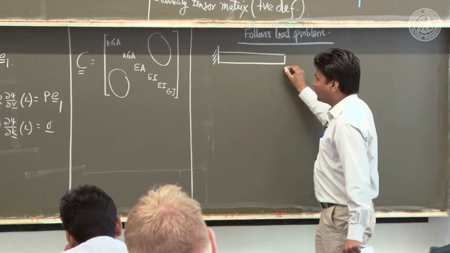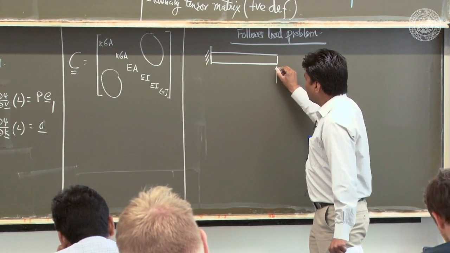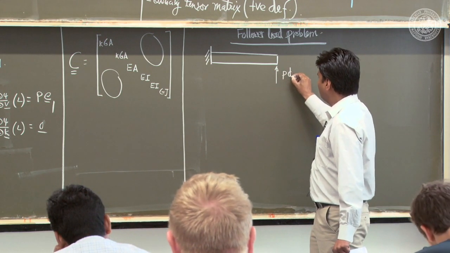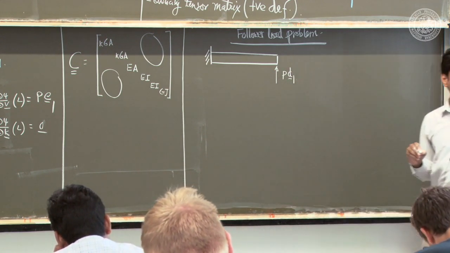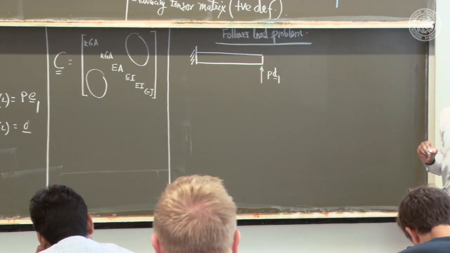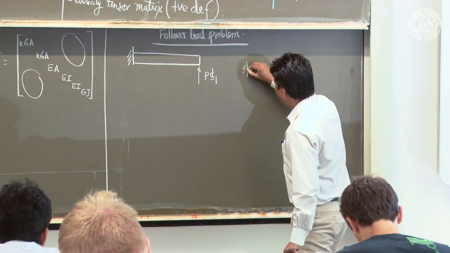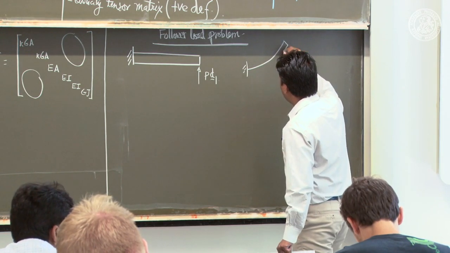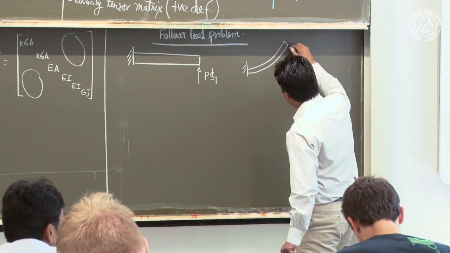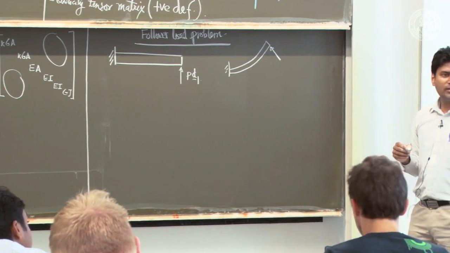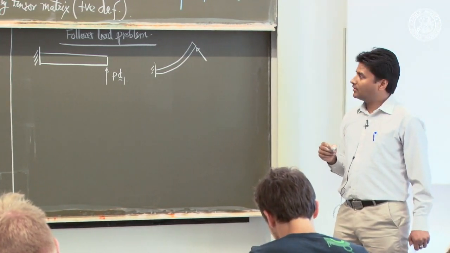So the load here is not PE1, it is PD1. So as the beam deforms, for example, if the beam deforms like this, the load is acting this way. Okay.